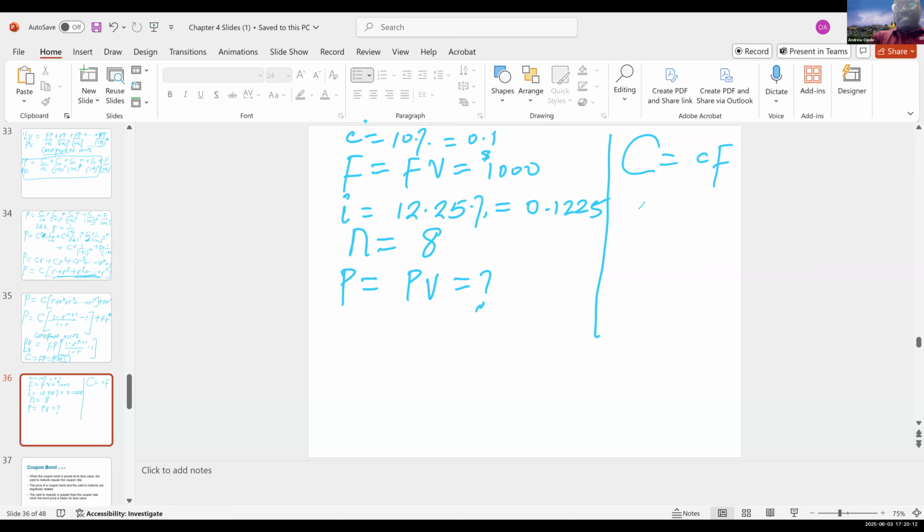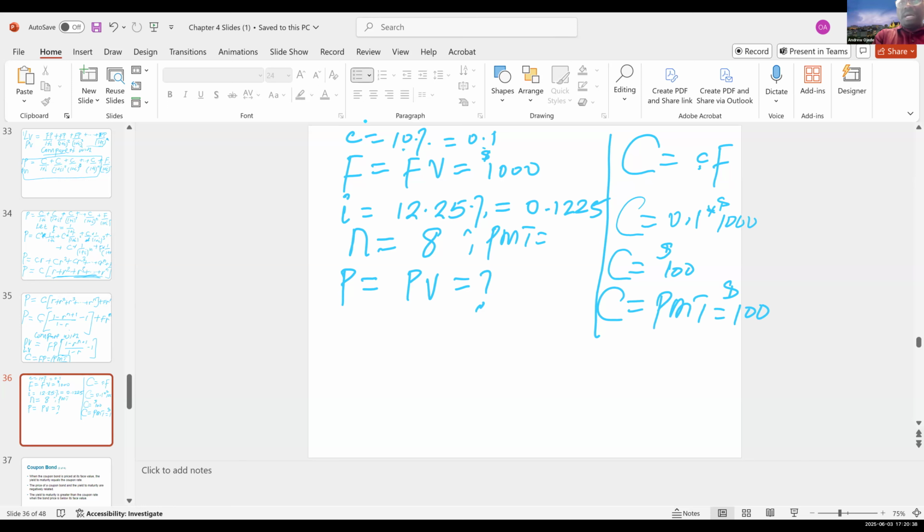So this bond has a fixed coupon payment of 0.1, which is 10%, multiplied by $1,000. So this bond is going to have a fixed payment of $100. This C is the same thing as PMT in your financial calculator. So PMT equals $100.